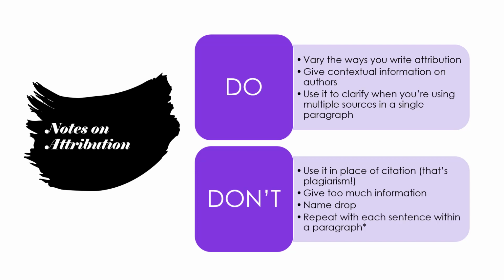So let's say that you are summarizing a bunch of information from Smithley and Jones, and you have been able to summarize their entire article into 4 sentences. You are not going to have attribution at the very beginning of all 4 of those sentences, because they're all together. You can have attribution at any one point in those 4 sentences: at the beginning, in the middle, or at the end, but we're not going to do it for each of those 4 sentences.